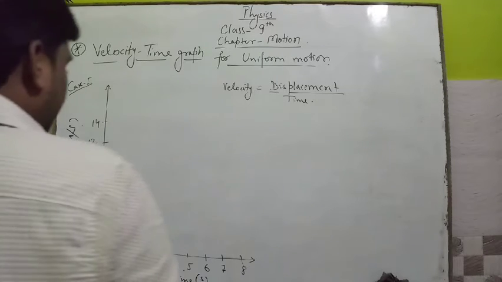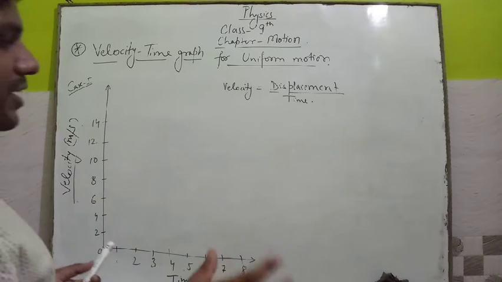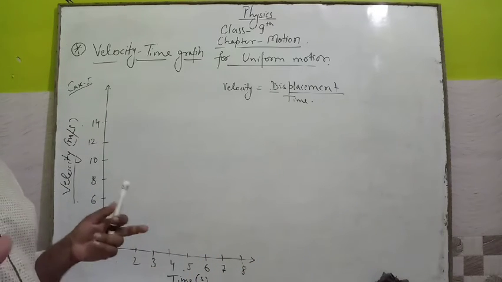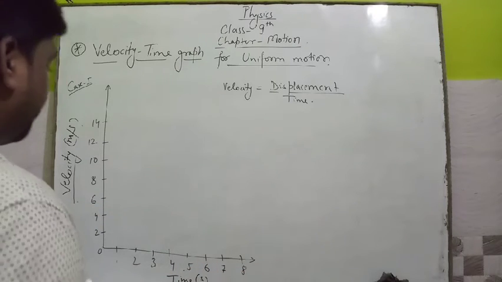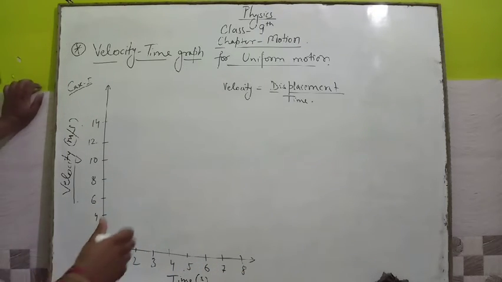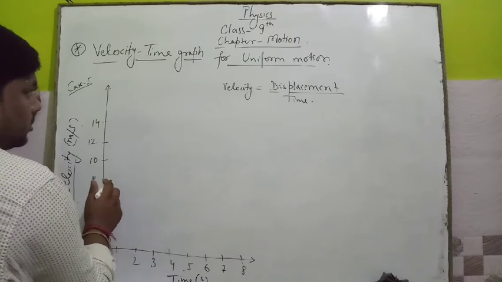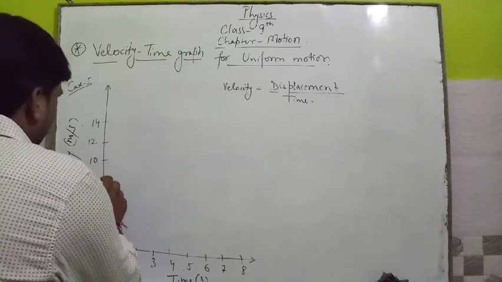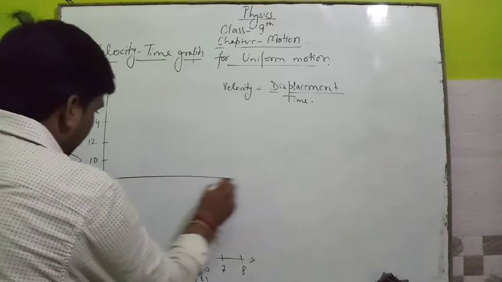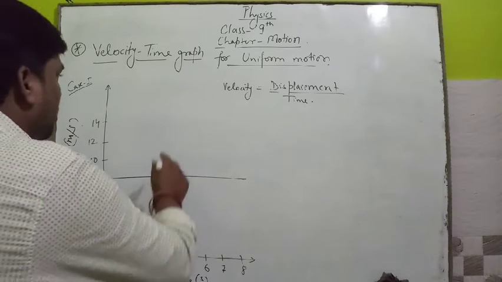So we take some time instant, meaning the time interval between which we have to find the displacement. Okay, so suppose the velocity of that particular motion is 8 meter per second and the graph is like this, meaning the velocity is constant.